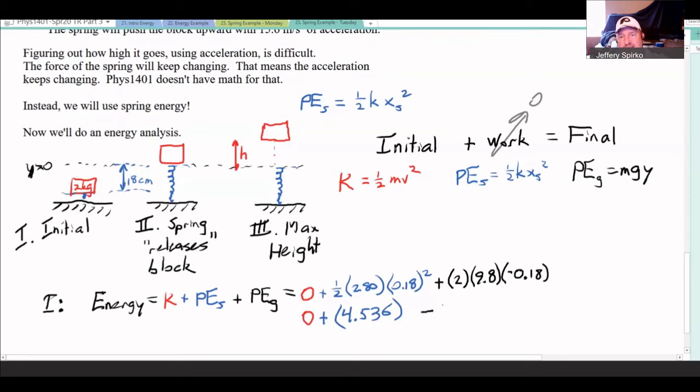So this has a negative gravitational energy of PE gravity, mass 2 times 9.8 times the distance. Negative 3.528.